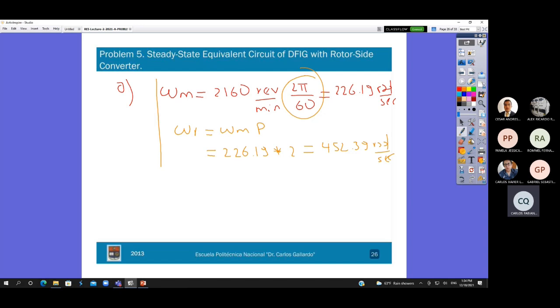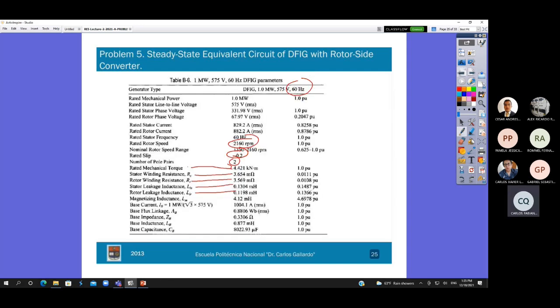So I need to compare with the rated speed. The rated rotor mechanical speed is my second speed. That is the reason I am using a double subscript: the first one means mechanical, and the second subscript means the rated value. For the rated value, let's go back to the table. This is the rotor speed. My second speed is 2160 RPM.